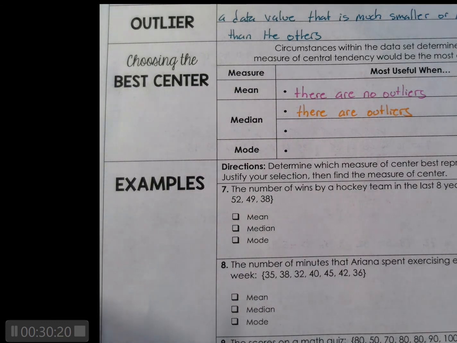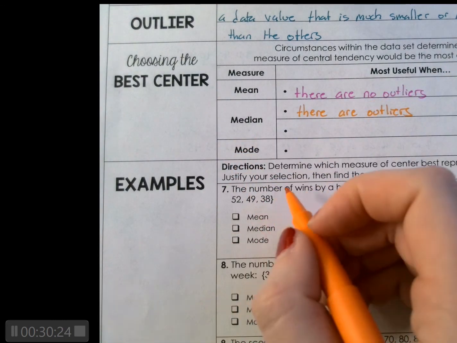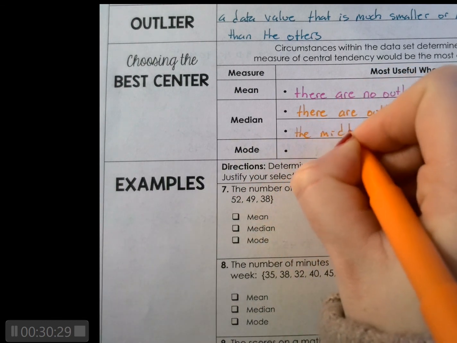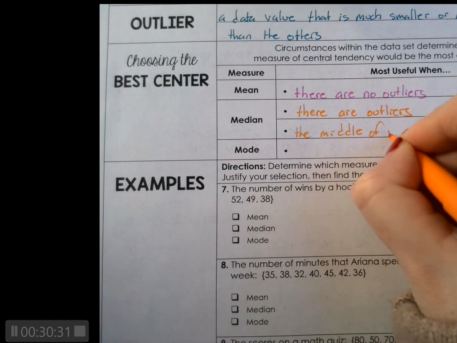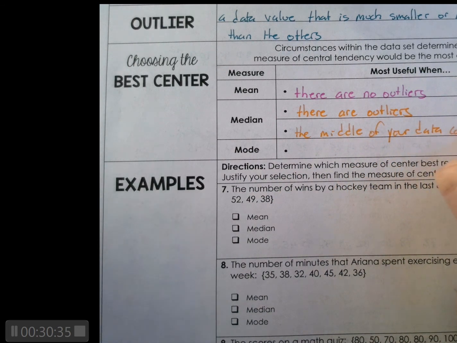Okay. Your median is also useful when the middle of your data contains no big gaps. So a big gap would be like going from 100 to 200 when all of your other data points were like 101, 105.